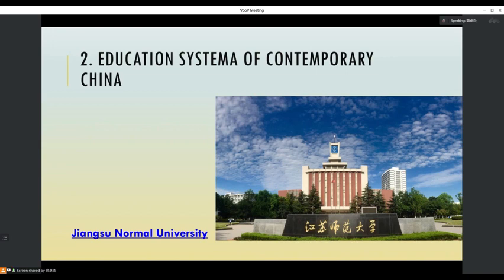The nearest. But if you finish high school, you can go to any university. All the colleges, but if you go to high school, you can choose.